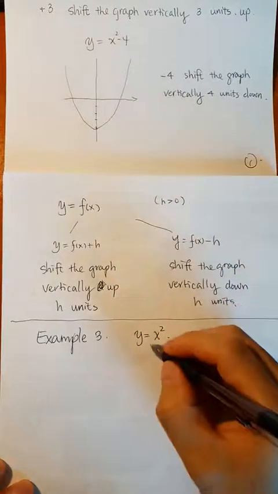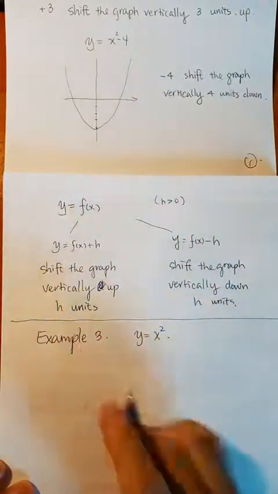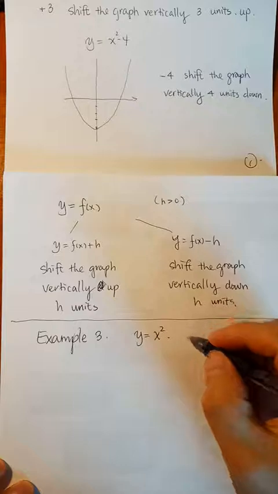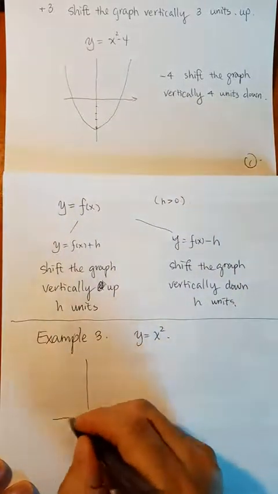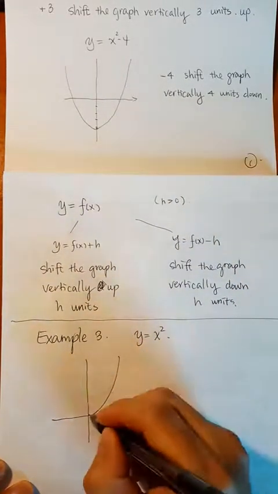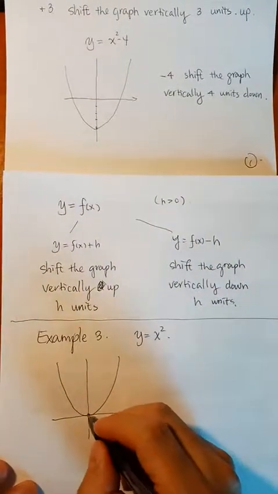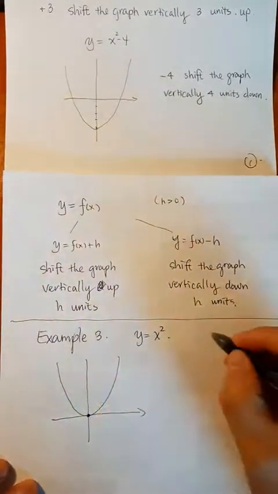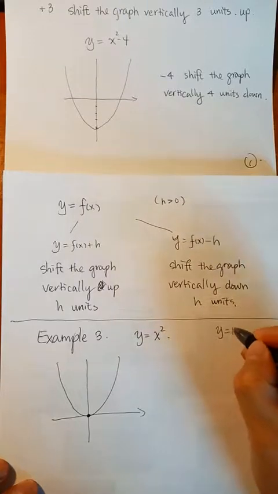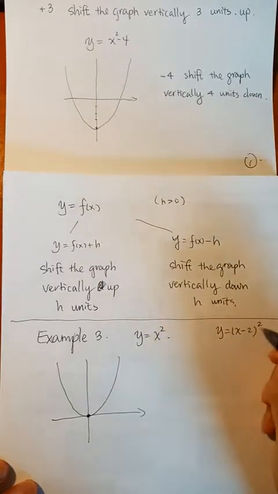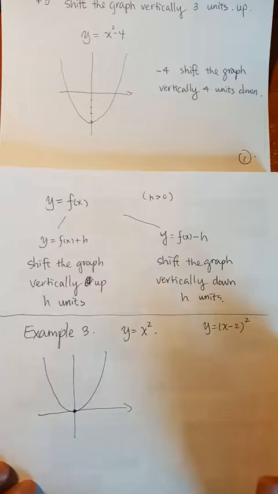Now, in order to get the horizontal shift, we are going to change x. You see, originally, it's at this point. The graph is like this. I want to sketch the graph of (x minus 2) squared.